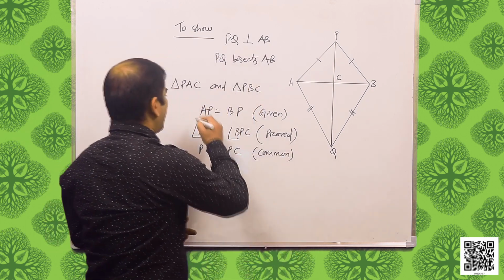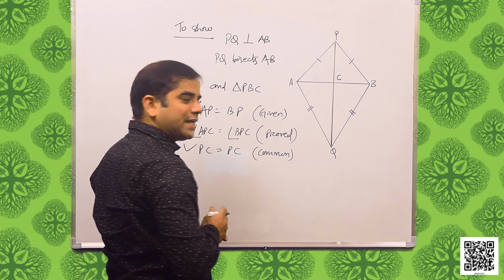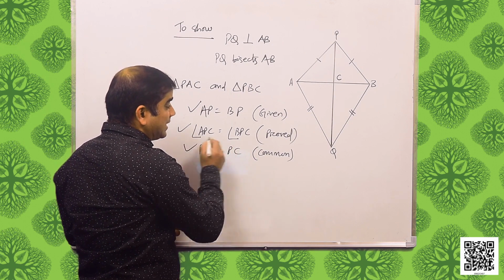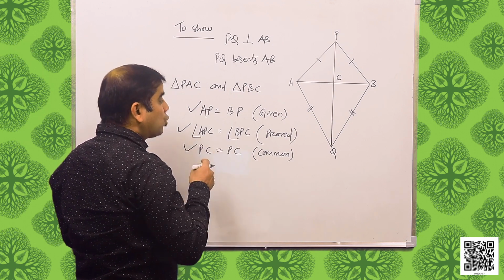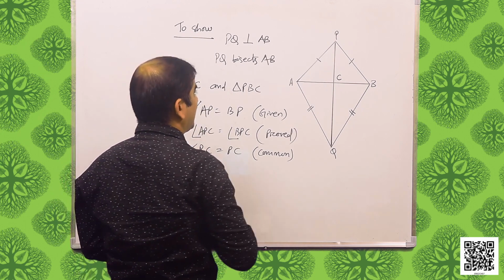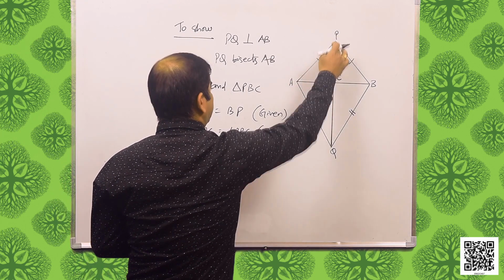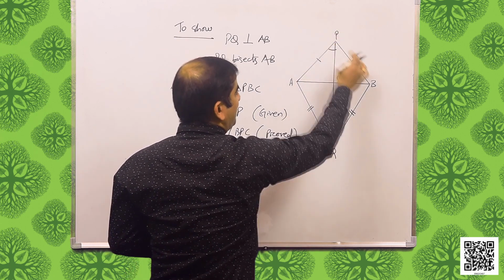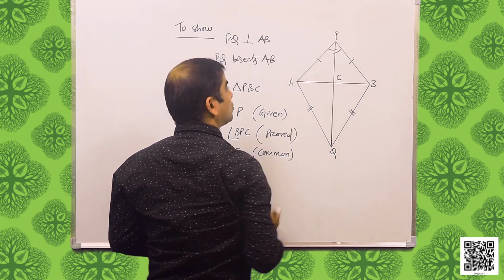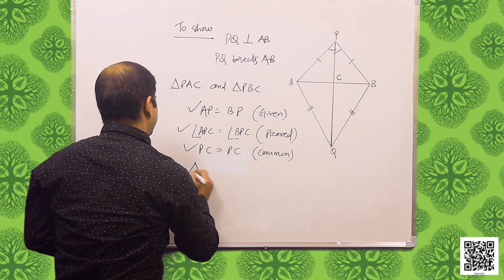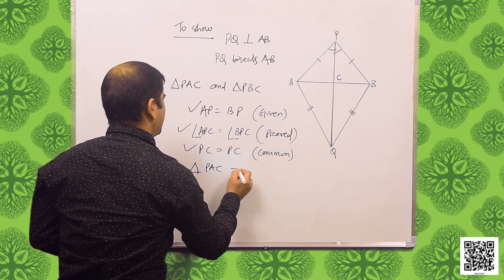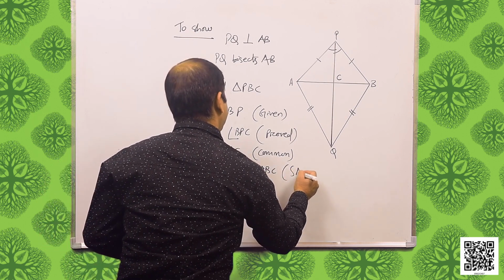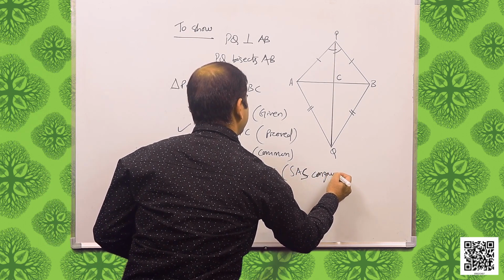That means we have two corresponding sides and one angle equal, but whether the angles are included angles for these sides, let us check. AP and PC and angle APC, this is the included angle. PC and PB and angle BPC, this is also the included angle. That means triangle PAC is congruent to triangle PBC by SAS congruency.